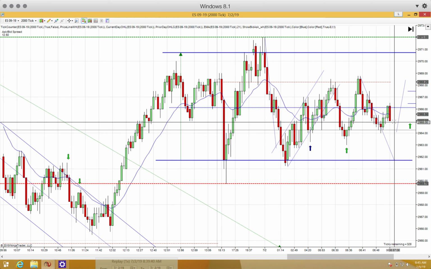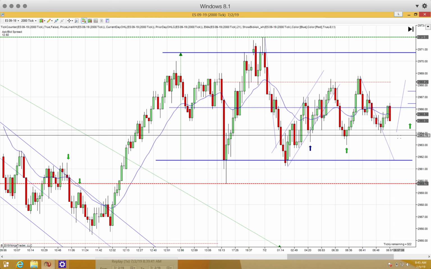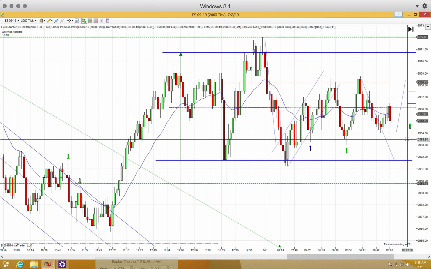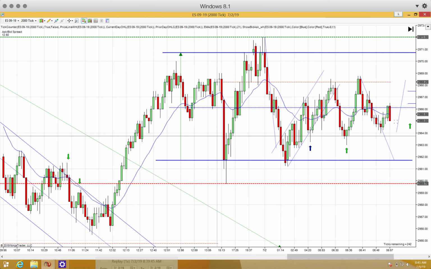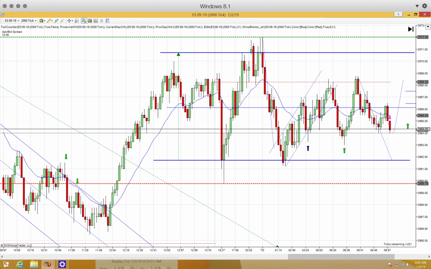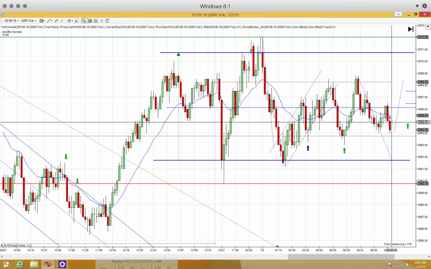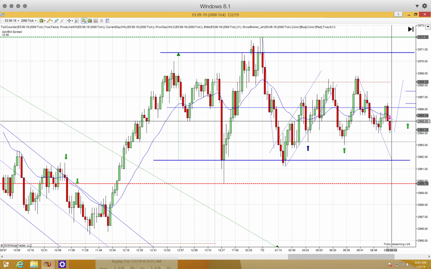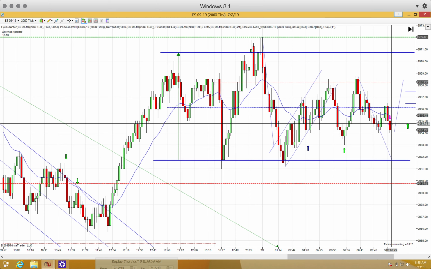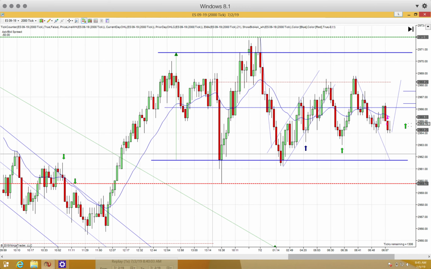So I kind of was thinking maybe we'll at least get through there. So this is a place where I think entering on a limit would have been better, but the way this bar ended up forming, I might not have gotten in on the limit. So the stop, that's what I went for.